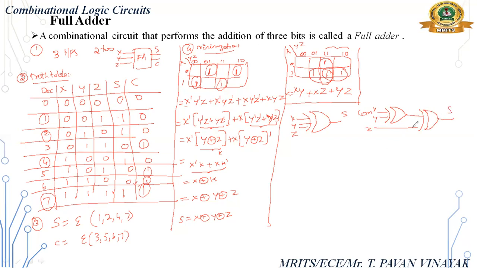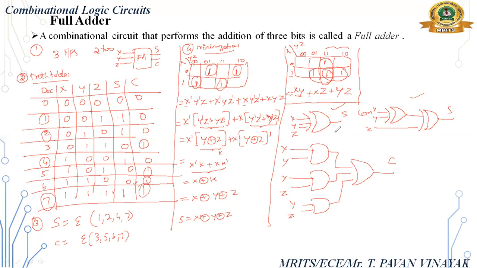You can write like this also, no problem. You can draw like this or like this. Next, XY means 1 and Z. Next XZ. Next YZ, performing OR operation. So this is carry. Okay, so this is the final circuit. Like this you have to do for the full adder.